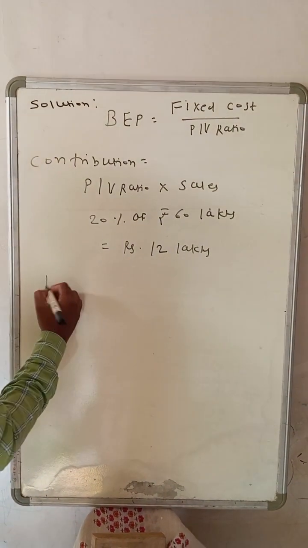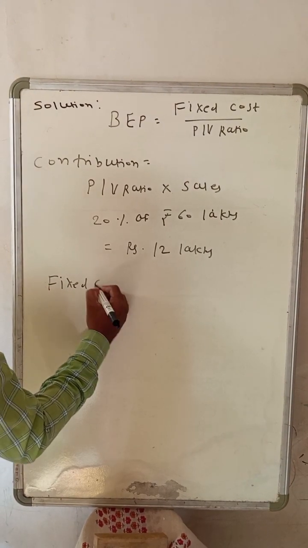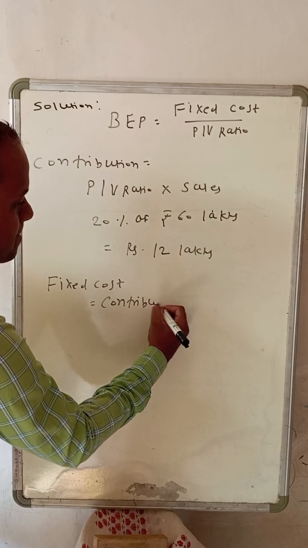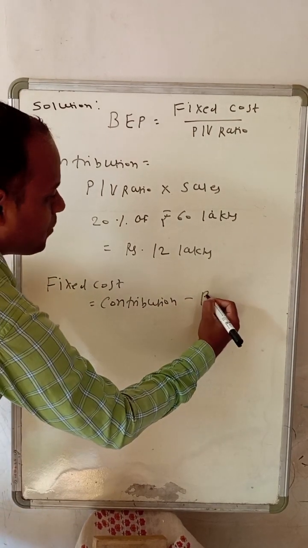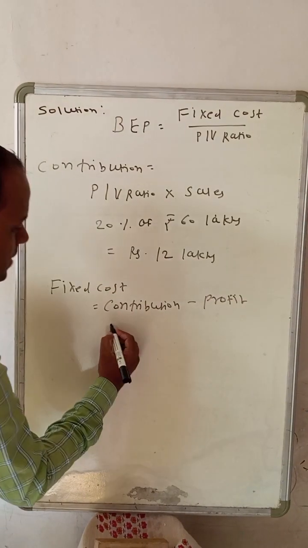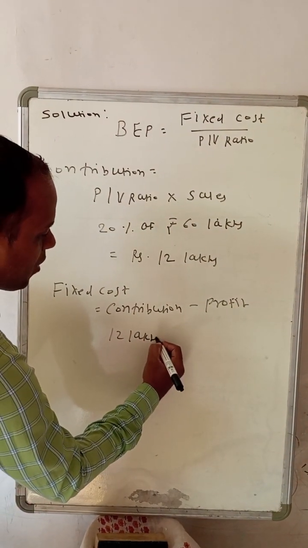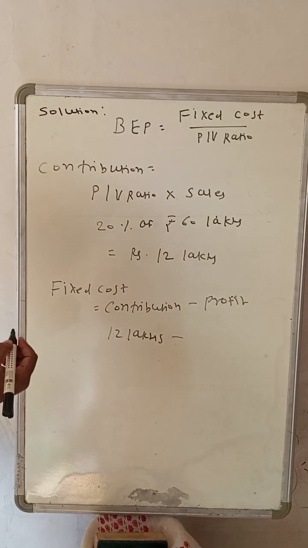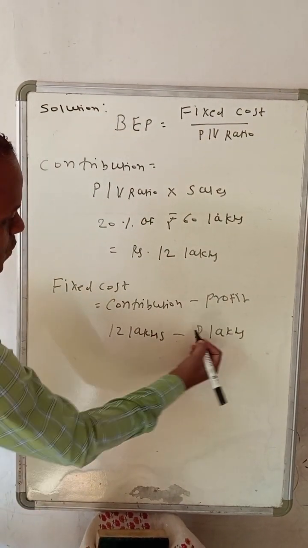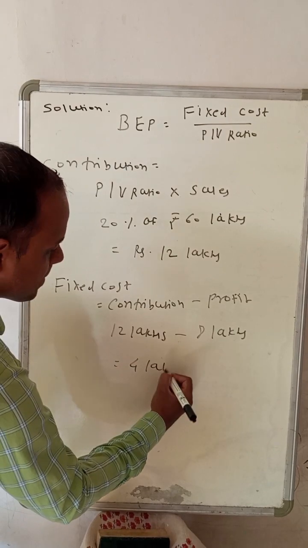And we know the formula of fixed cost. Fixed cost is equal to contribution minus profit. As we know that contribution is 12 lakh and profit for the second period is rupees 8 lakh. So the difference between these two is 4 lakh.